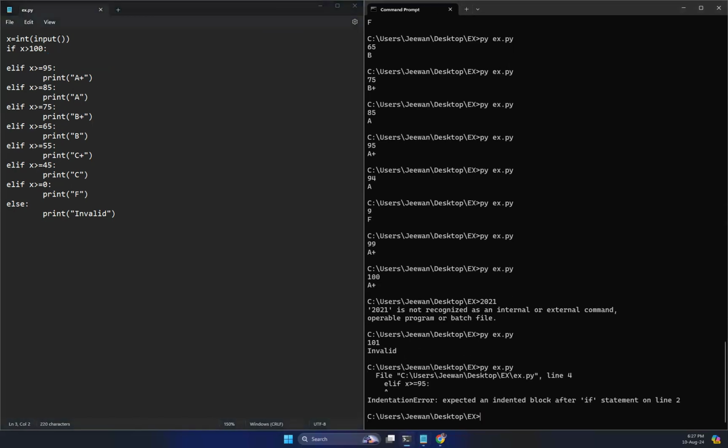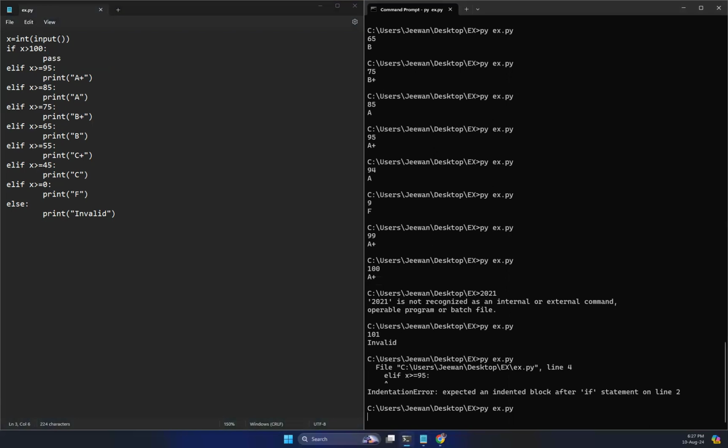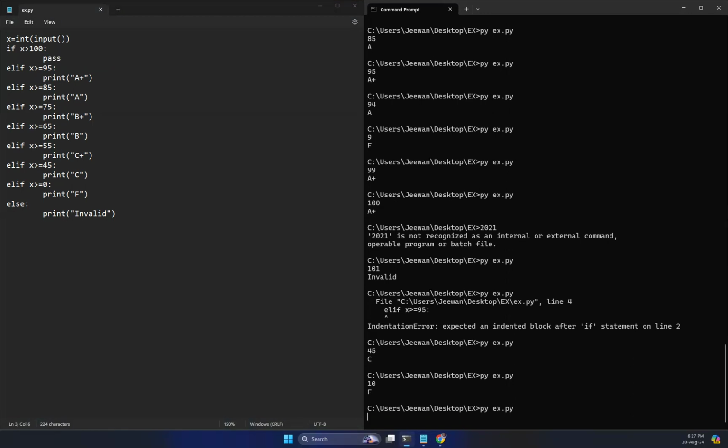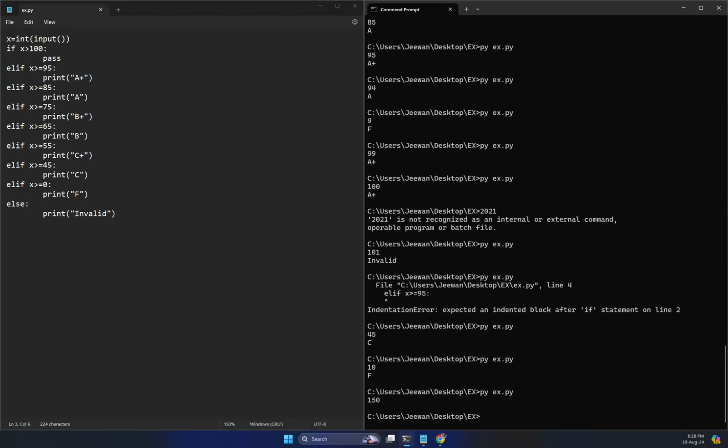If you do not have it, you will get an error. Therefore, if you want to just pass the line, you can have it. For example, if it is greater than 100, nothing will happen because here I have used the pass keyword.